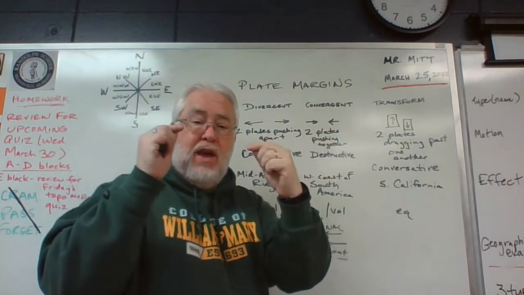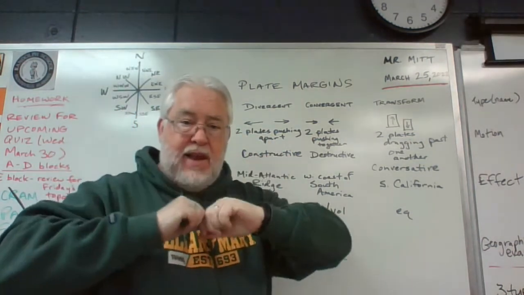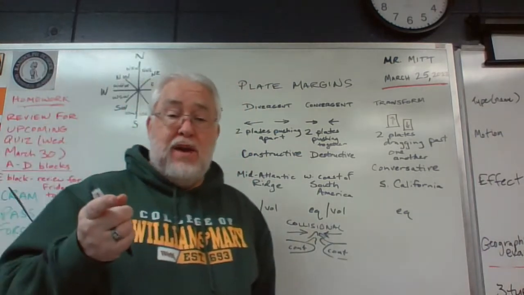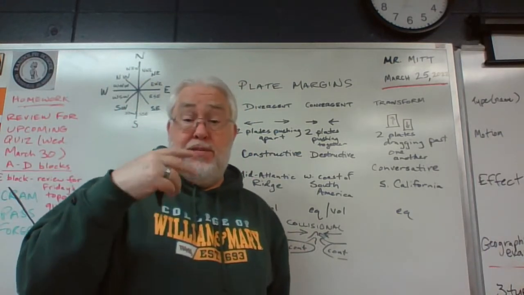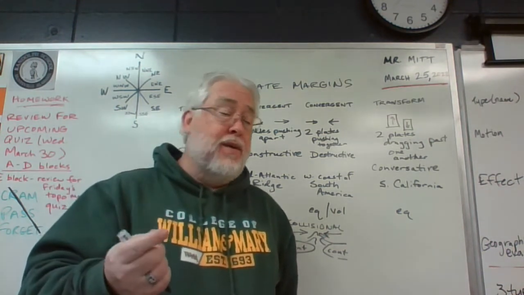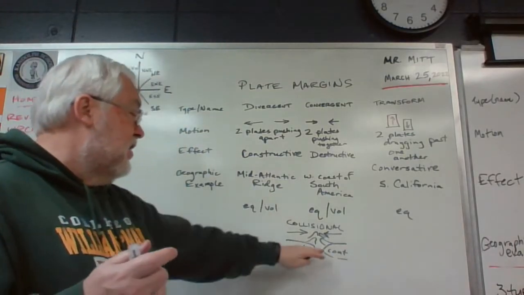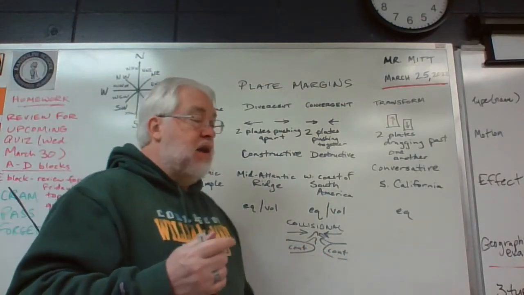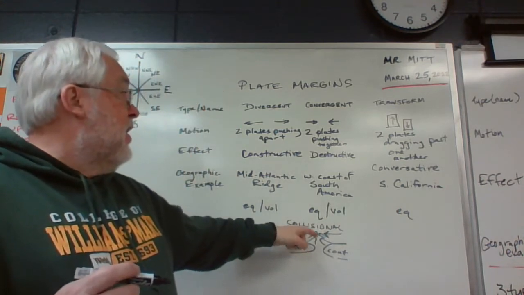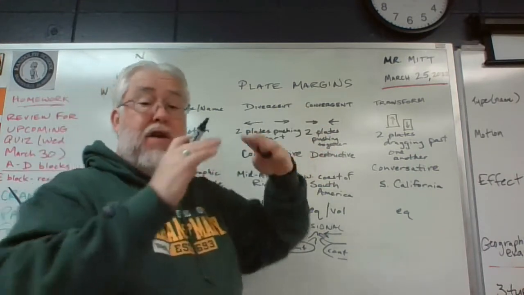Two plates are pushing together, but instead of one dipping, these are actually butting heads, and they crumple upward and produce three types of deformation that we talked about in class. It can produce folds, it can produce fractures, it can produce faults. And again, this is what we have where continental lithosphere collides with continental lithosphere. What's produced here, up here in this situation, what's produced is volcanic mountains.